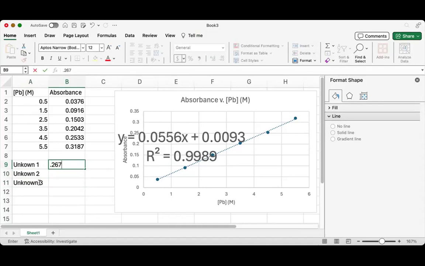I got an absorbance of 0.2678 for unknown 1, 0.1256 for 2, and for 3, 0.426.